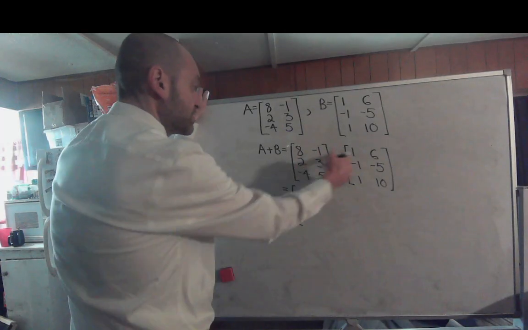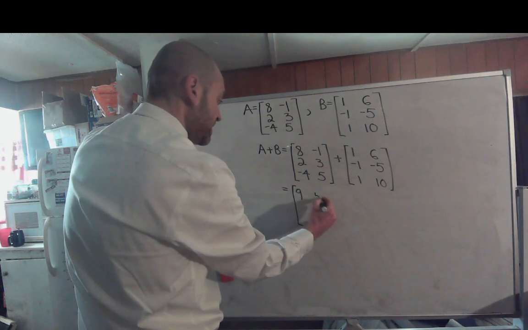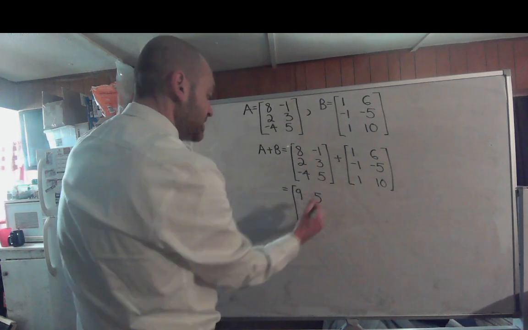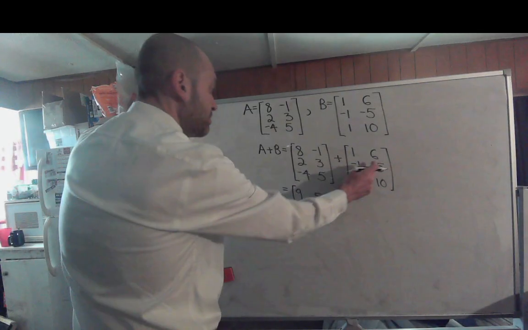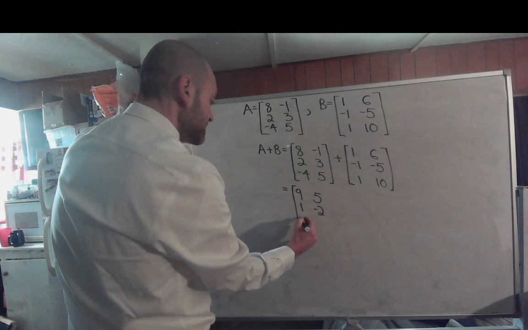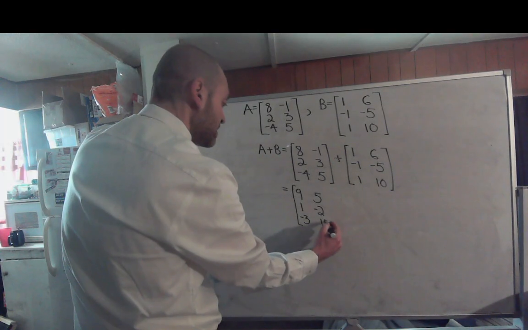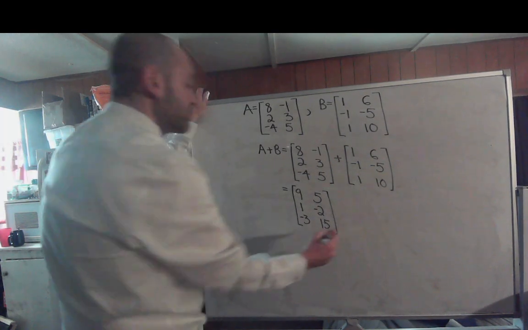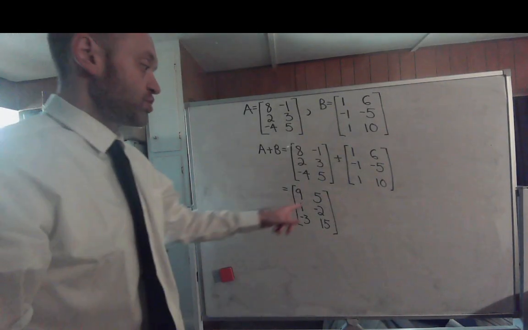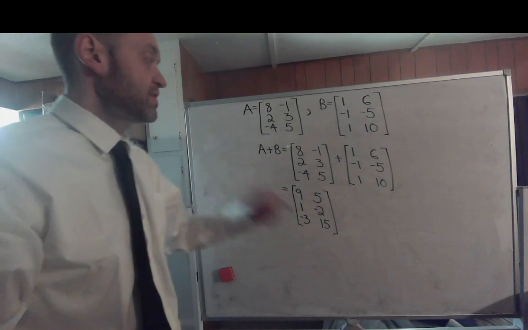So 8 plus 1 is 9, negative 1 plus 6 is 5, 2 plus negative 1 is 1, 3 minus 5 is negative 2, negative 4 plus 1 is negative 3, 5 plus 10 is 15. So the result should be another 3 by 2 matrix with entries 9, 5, 1, negative 2, negative 3, and 15.